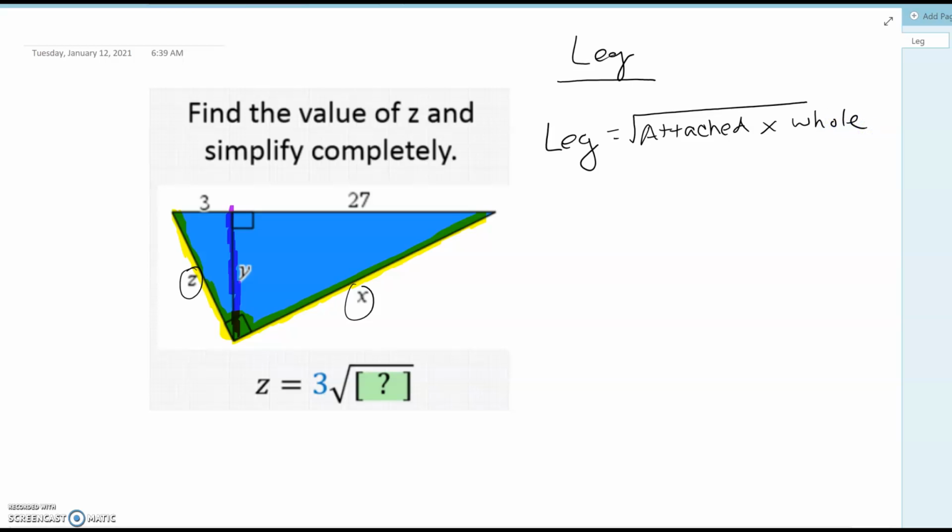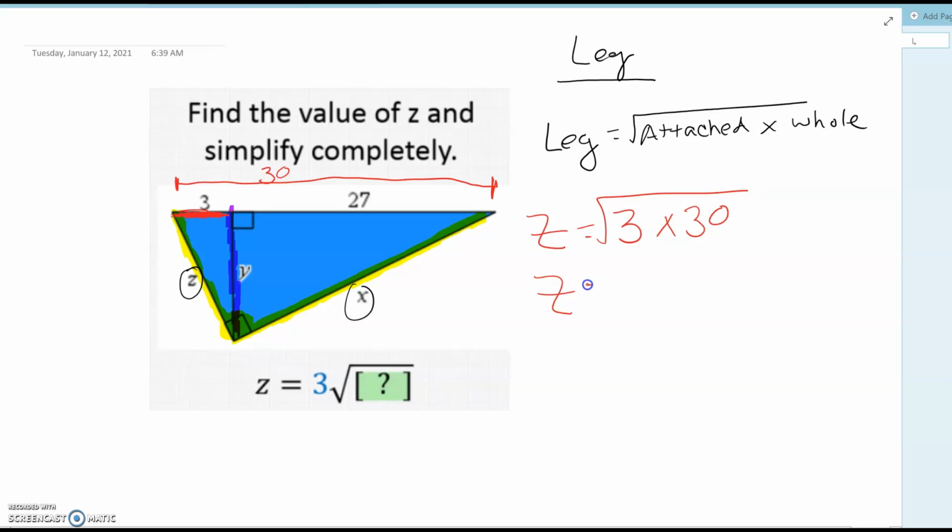What I mean by that is, if I want z, since that is a leg or a yellow piece of the triangle, the attached part, so this little piece, it's connected to z, that's a little attached, 3 times this whole section here. So you'd have to add those together to get 30. 3 times 30, and it's going to be the square root of that. So z equals the square root of 90.